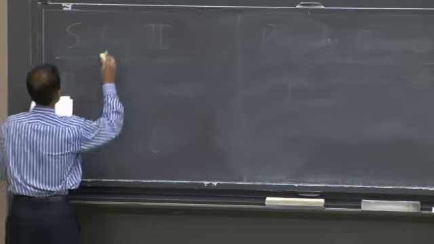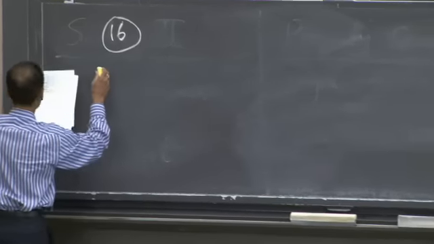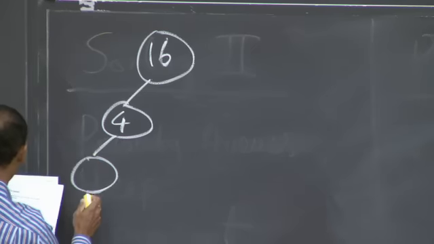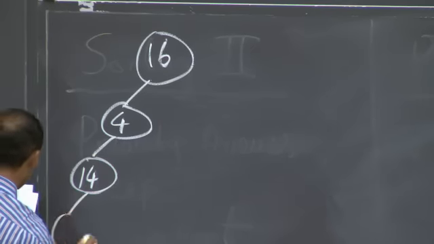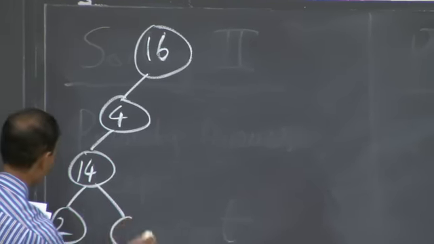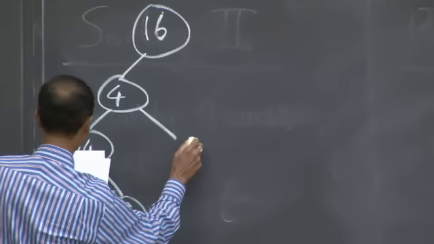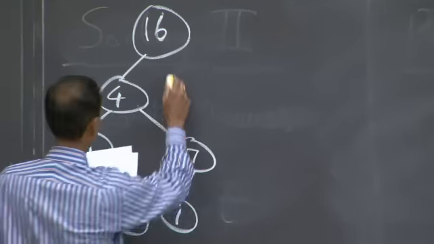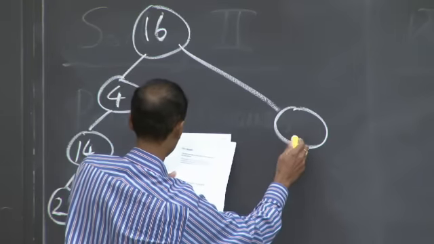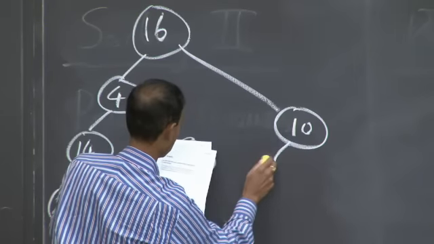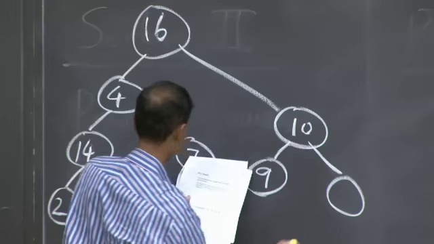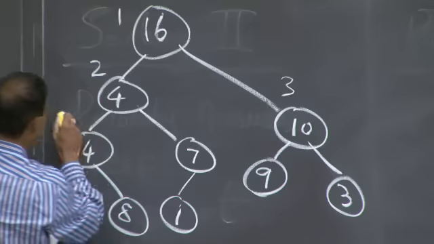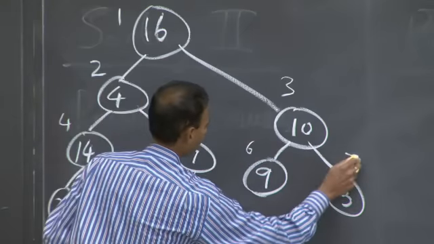And let's take a look at 16, 4, and I'm just going to draw the indices for this first example, and then I won't bother.